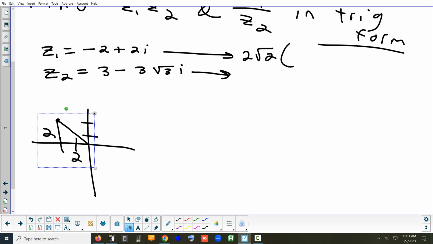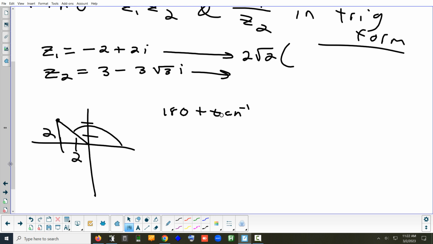And what's the formula to find the angle if you're in quadrant 2? There are different ways you can think about it. Well, what's the way I showed you yesterday? Pi plus inverse tangent y over x. And we're going to do degrees.